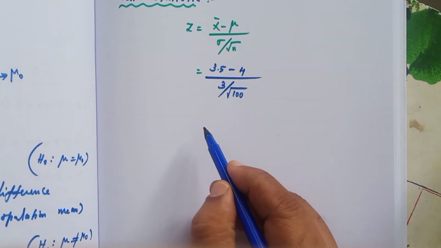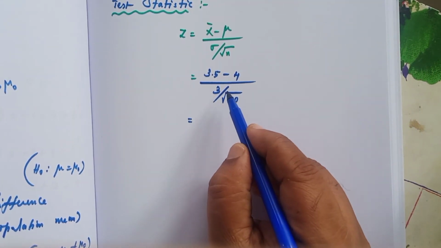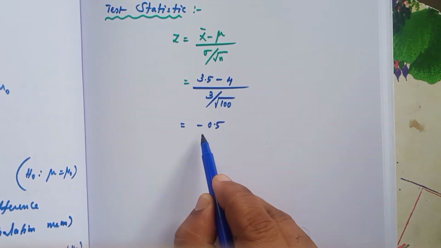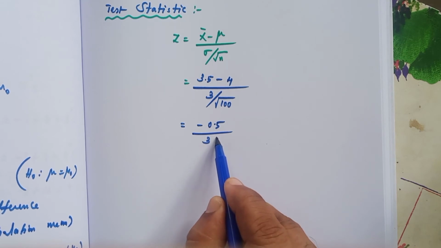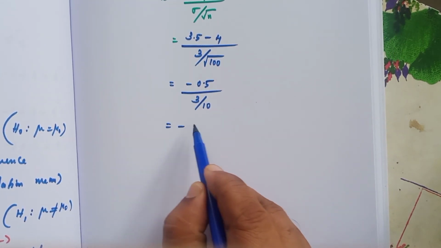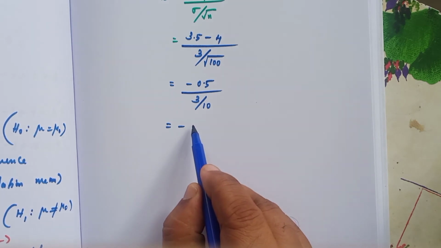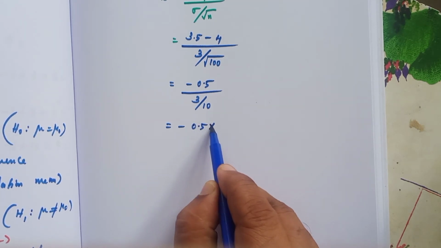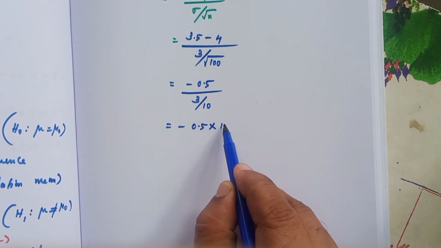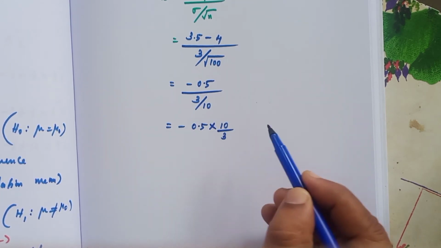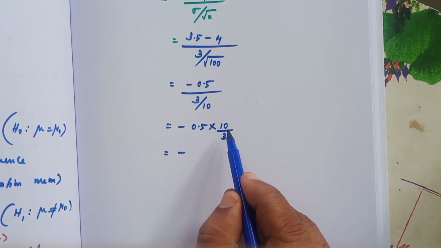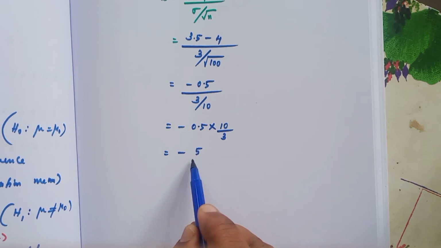That is equal to 3.5 minus 4, which is minus 0.5, divided by 3 by root 100. You know that the square root of 100 is 10. So minus 0.5 into, division becomes multiplication, the reciprocal of 3 by 10 is 10 by 3. That is minus 0.5 into 10, which is minus 5 divided by 3.